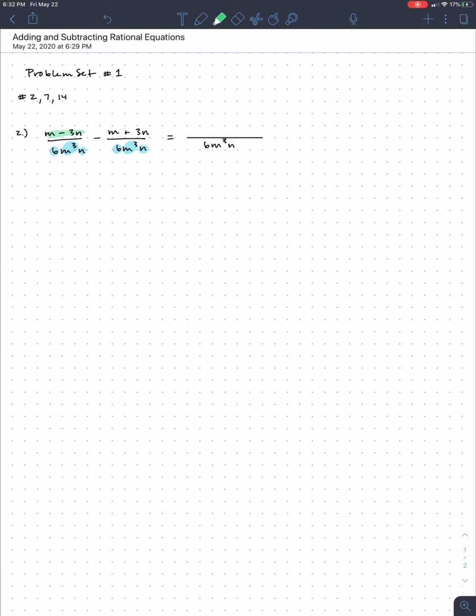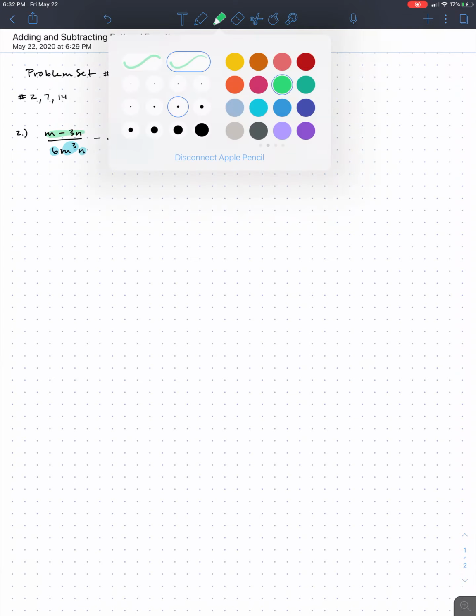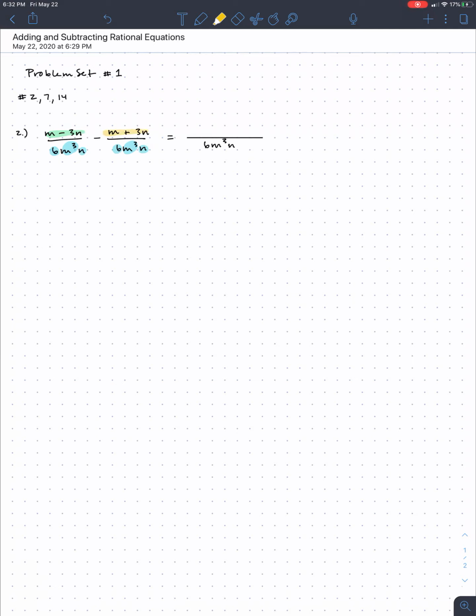This first term, and I'm going to highlight this in green, we are subtracting this whole term, m plus 3n. So when I'm subtracting, I'm not just subtracting the m. I'm actually subtracting everything, m plus 3n.